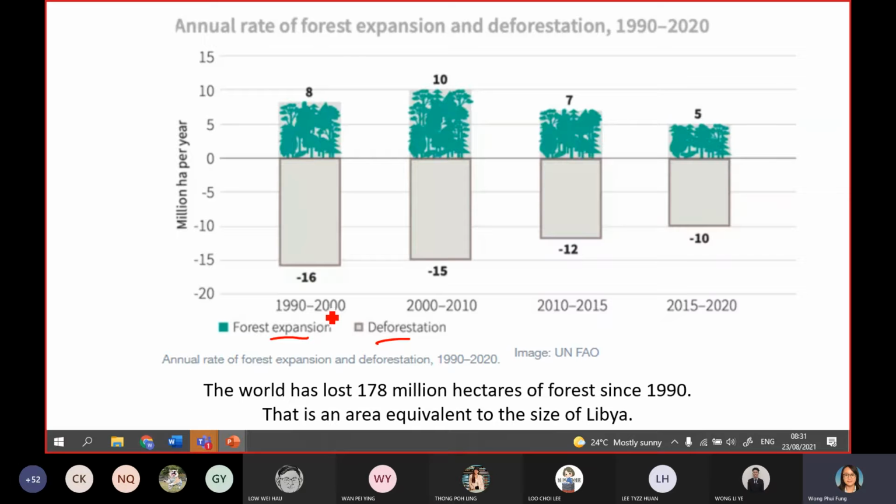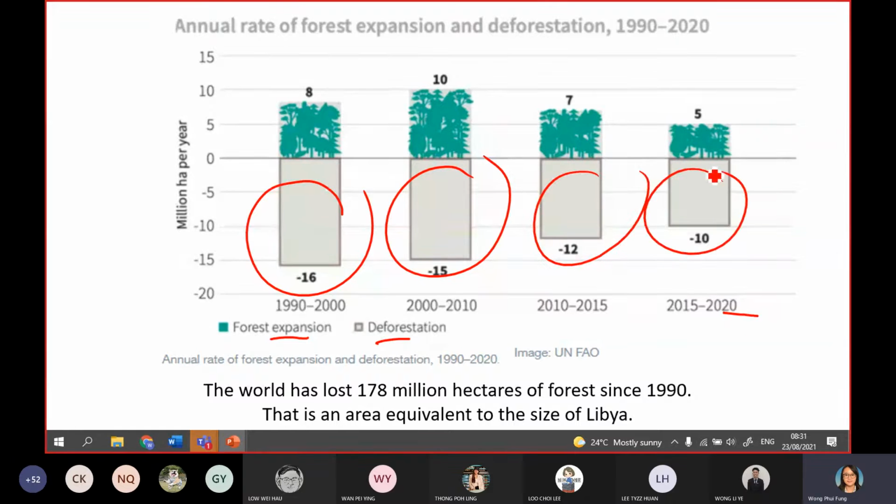So if you can see that from 1990 until today, the deforestation is actually more than the forest expansion. Okay, and the world already lost 178 million hectares of the forest since 1990, and that size of the forest is actually equivalent to the size of Libya, a country.